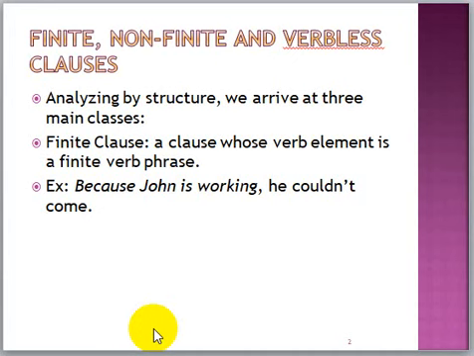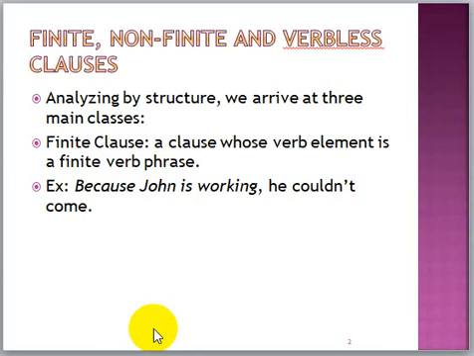Okay? So analyzing by structure, we arrive at three main clauses by the structure of any given sentence. Now, the finite clause, which has a subject and a verb, and this verb has a tense, is number one, whose verb element is a finite verb phrase.